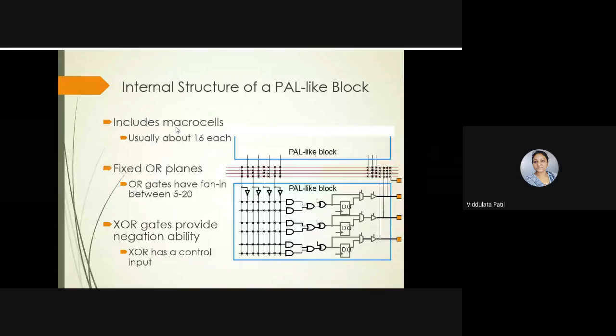Okay, and then there are also XOR gates provided for negation ability. That means to get the inversion, there are certain XOR gates also present. Then macro cells, as we discussed earlier, are also present so that we can implement combinational circuitry as well as sequential circuitry.